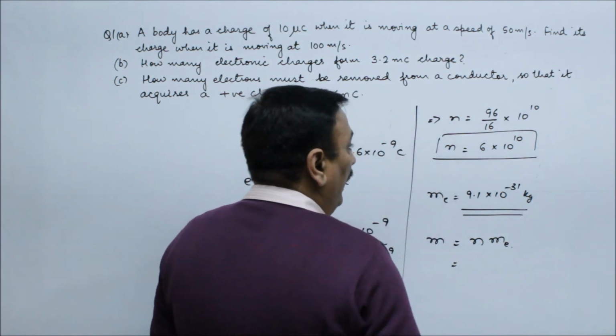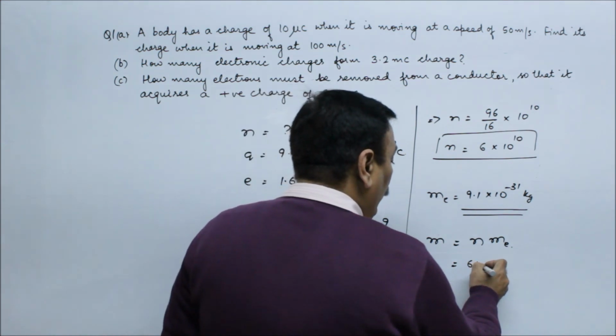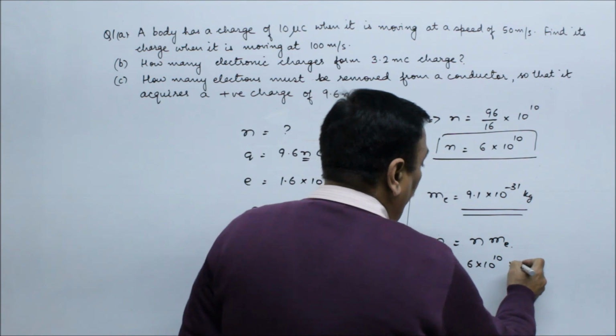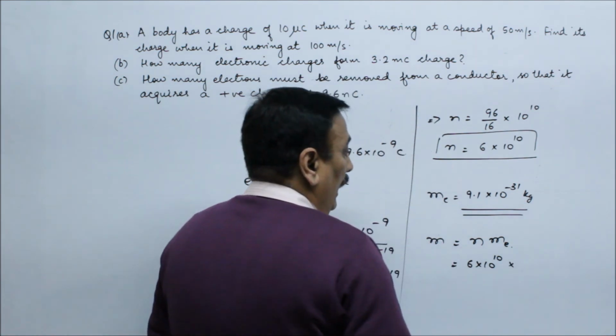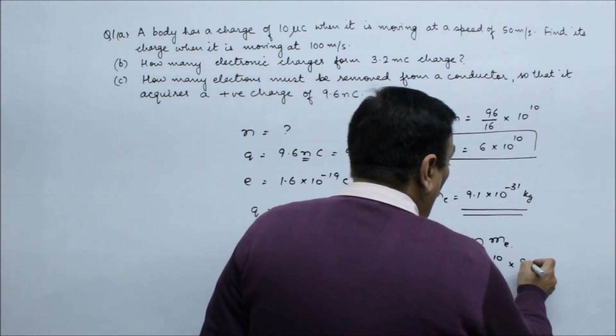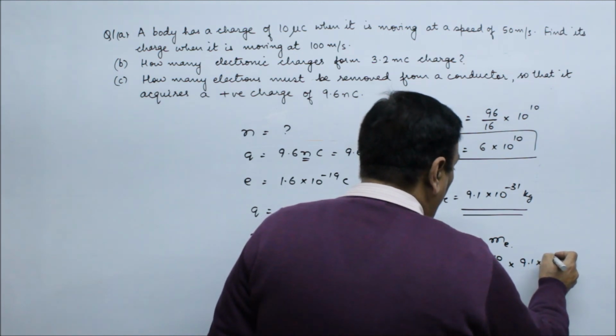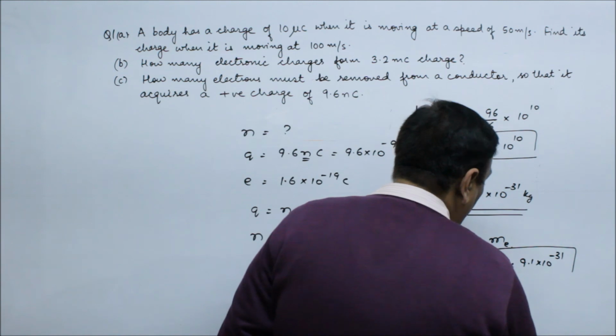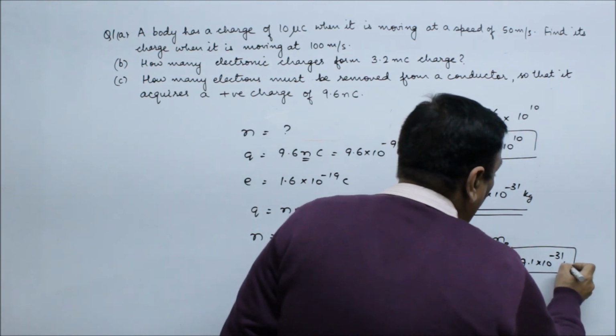So what is the value of N? N is 6 into 10 raised to the power 10 here in this question. And what is the mass of the electron? It is 9.1 into 10 raised to the power minus 31. So you multiply this and you will get the answer in kilogram.